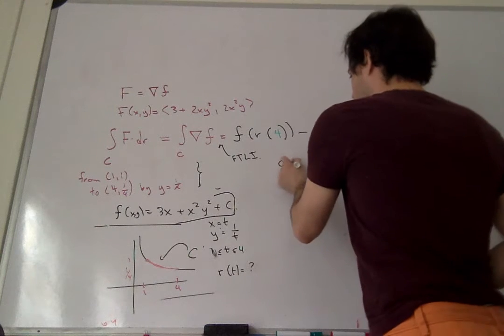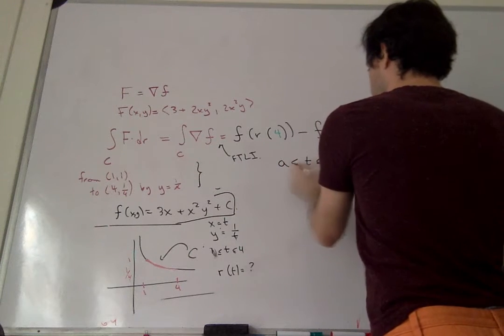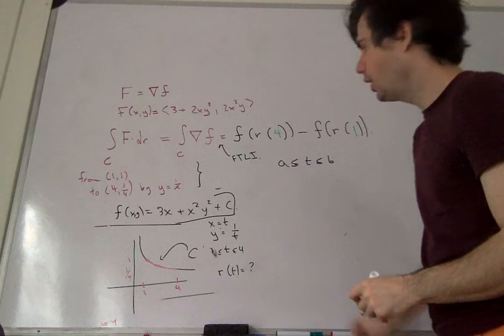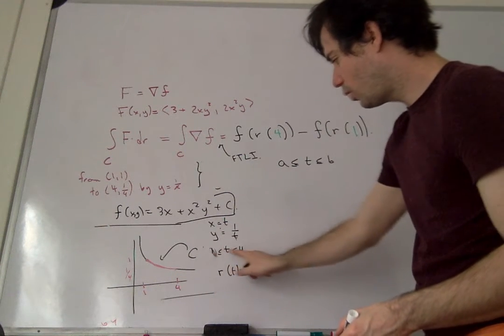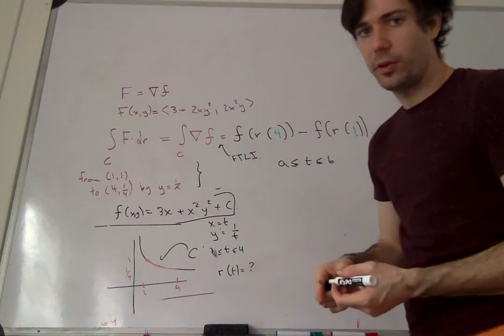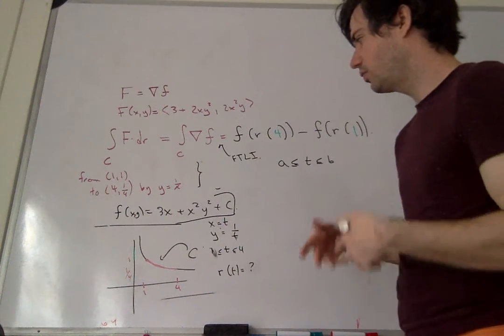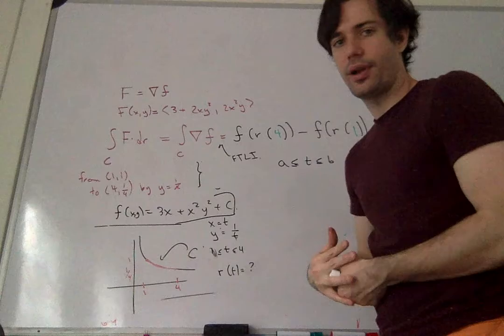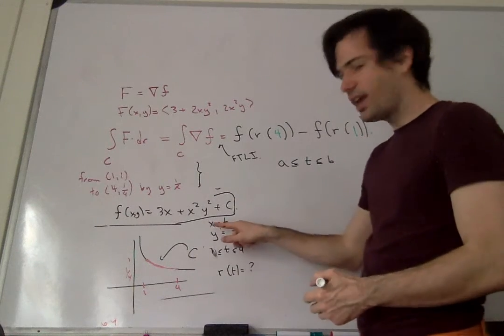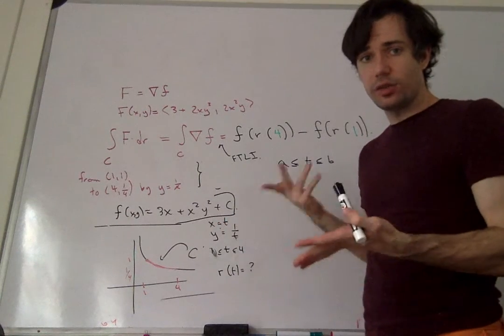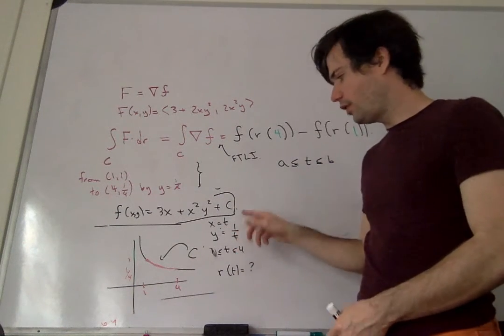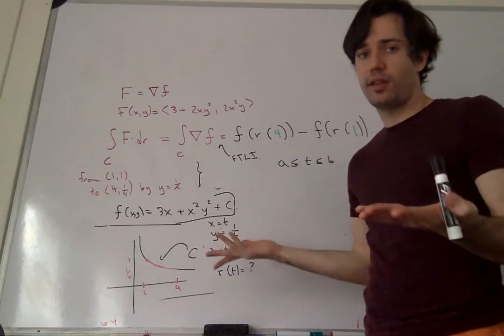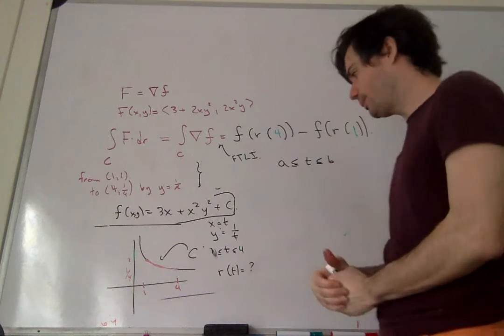Remember, it's this right here. Well, I said a second ago that you're varying between 1 and 4 because x is going between 1 and 4, and what is a very natural parameterization? Simply say let x of t equal t, and let y equal 1 over t. Since y is 1 over x and x equals t, y is equal to 1 over t.